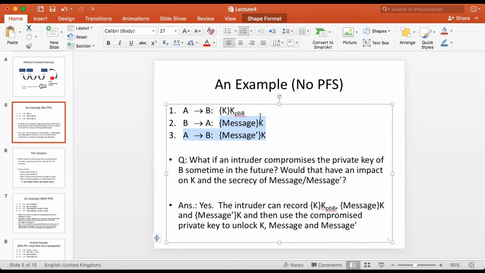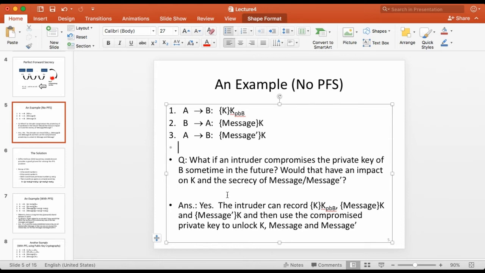Now, the question here, of course, is once we are done with this session, if there was an intruder that appeared from nowhere and managed to steal Bob's private key, so break into Bob's server and steal Bob's private key, will that have an impact on the sensitive messages that were exchanged between Alice and Bob earlier on?